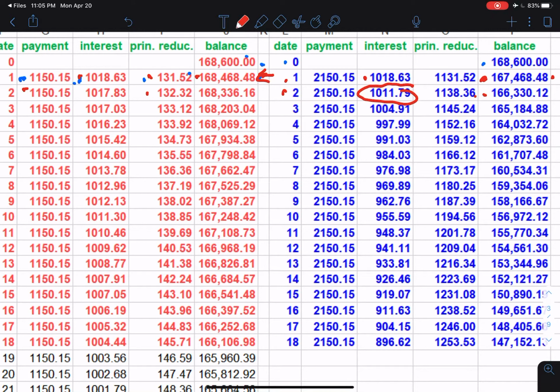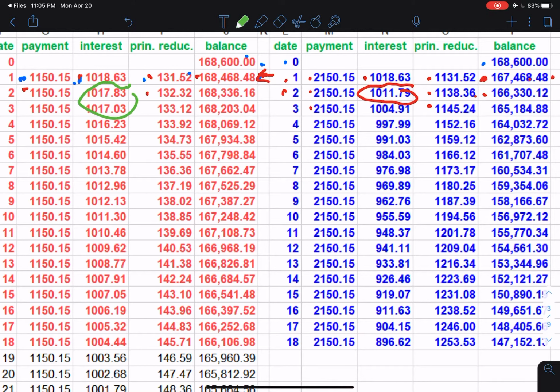So that's the benefit. Again, when we make the additional $1,000 payments, it increases the principal reduction amount, and therefore it reduces the balance, which then reduces the interest we owe next time relative to what we would have paid over here, in interest.